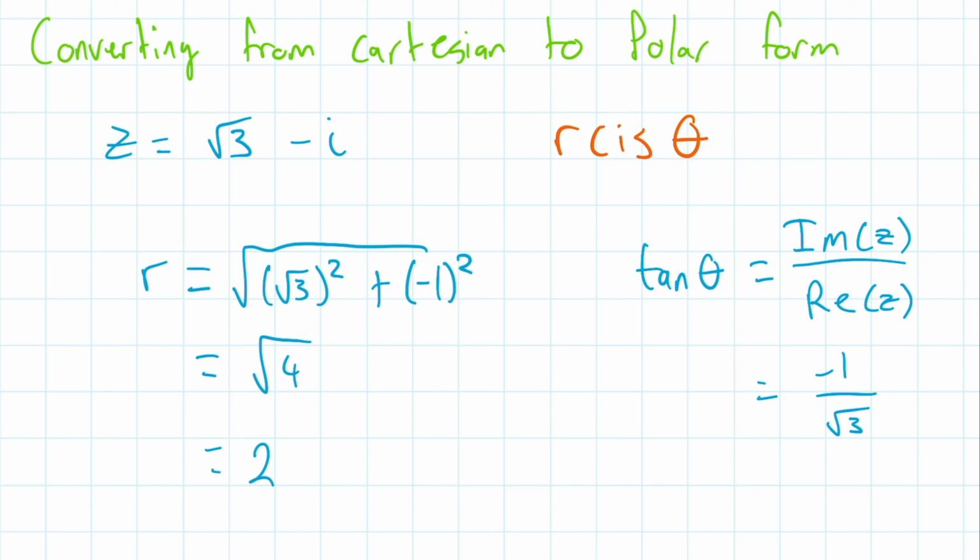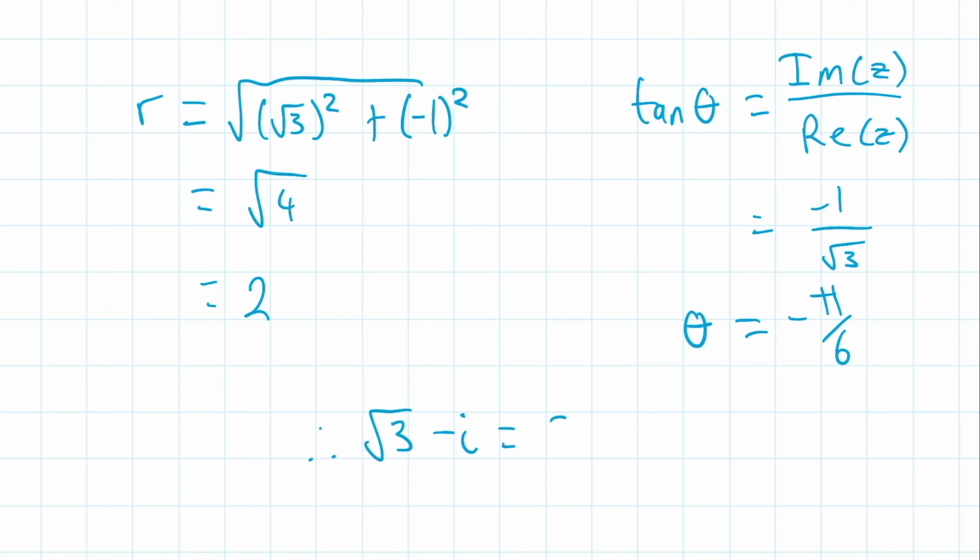So therefore, theta is simply going to equal negative pi on 6. To formalize this into polar form, root 3 minus i is equal to 2 cis negative pi on 6. And again, if I look at my angle, it's between negative pi and pi. Negative pi on 6 is between those boundaries, so I can just leave my angle as is.